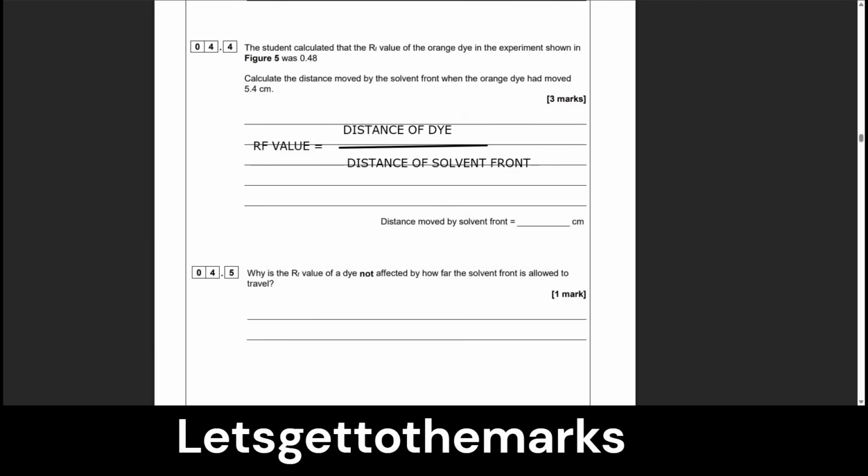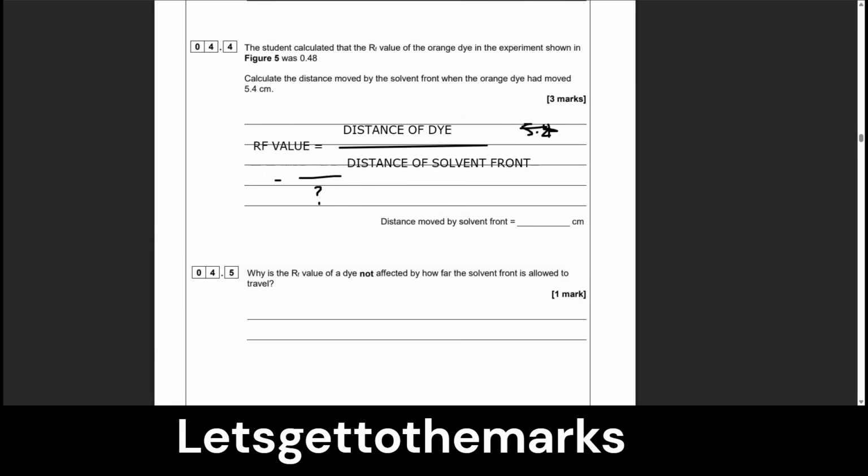So we're going to go 5.4 and divide that by the RF value, because if you rearrange this or put this in a triangle, whatever's above the divide line will be at the top. I'm going to do 5.4 is equal to 0.48 divided by our mystery thing. Actually, I've written that completely wrong.